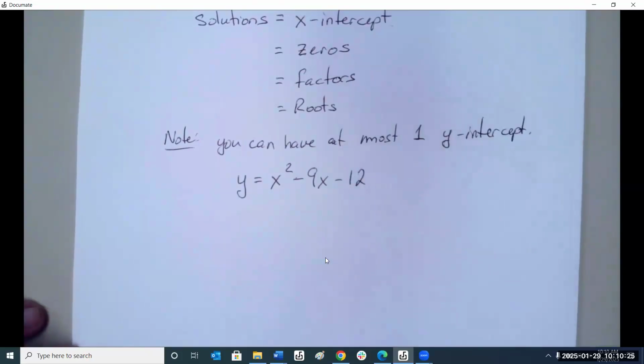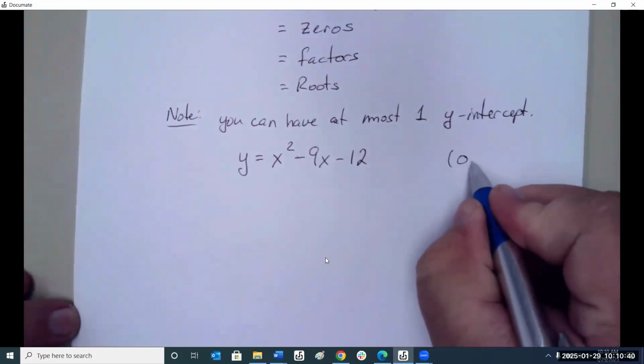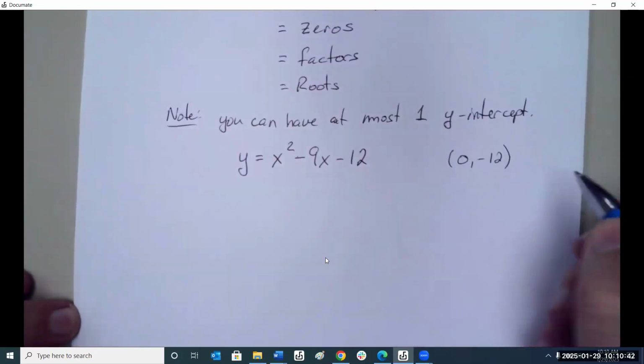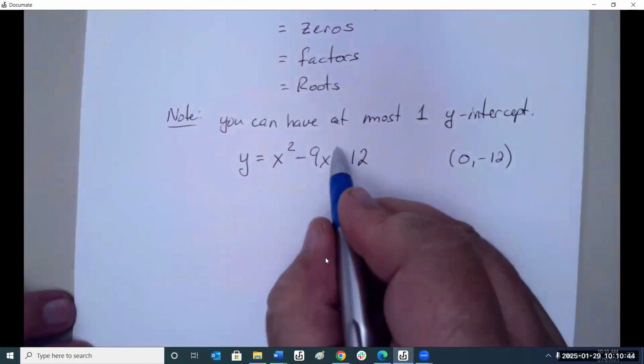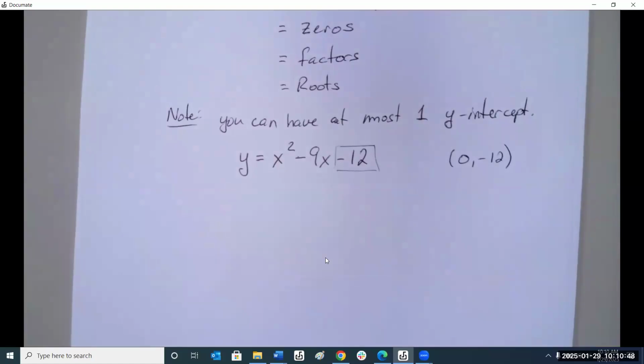So what is the y-intercept of this equation? Very good. The y-intercept is always the constant. The y-intercept is always the constant of an equation.